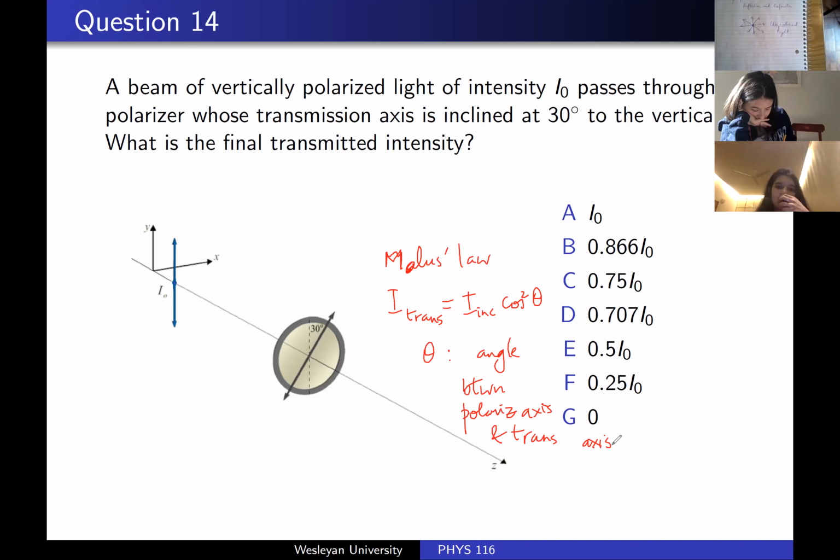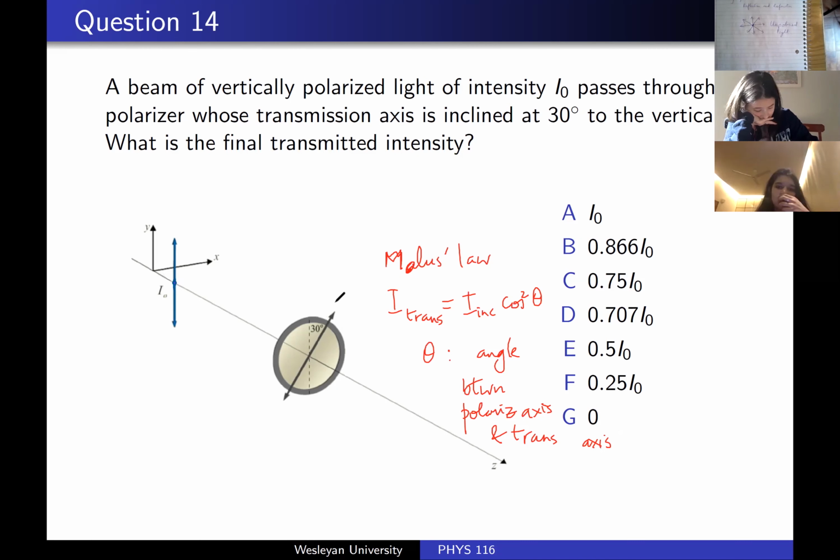In this case, the angle is 30 degrees, and so we would get cosine squared of 30, which I think is 0.75. Cosine 30 is root 3 over 2, so if you square it, you get 0.75. So only 75% of the light will be able to pass through.